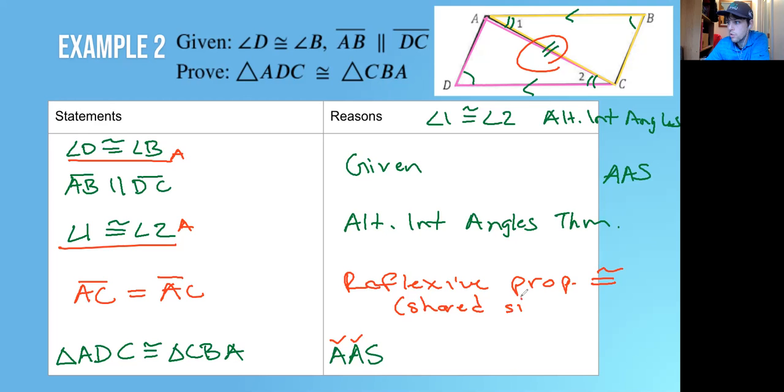That's being more descriptive rather than citing a particular property, but that would also be an adequate reason here. Depending on how you want to number things, you could call this step 1 with our givens, step 2 here, step 3 here, step 4. Again, some people list the givens out separately, so this could be 1, 2, 3, 4, 5, but a relatively short proof. We did everything. This was our side pair, AAS.